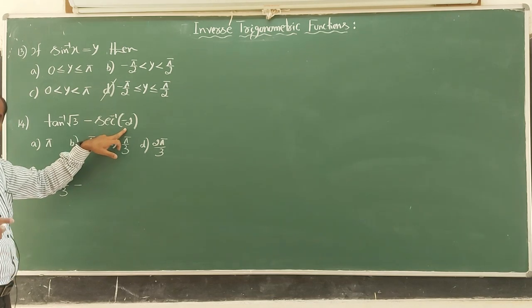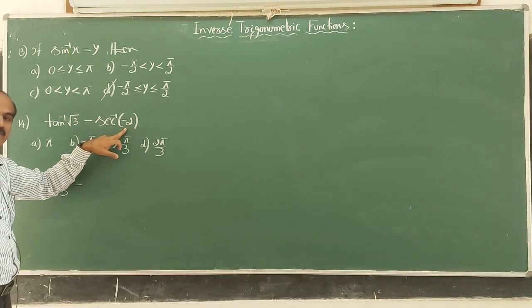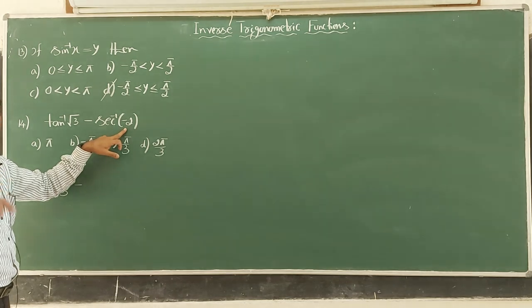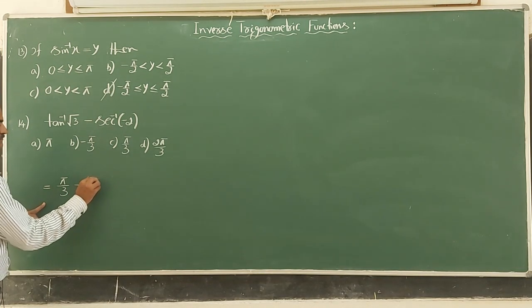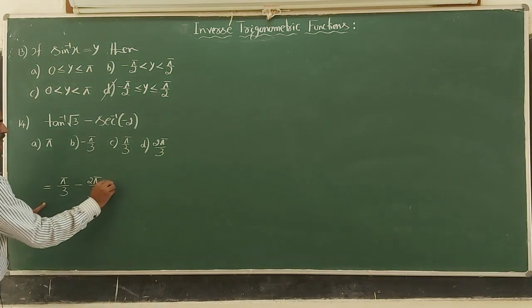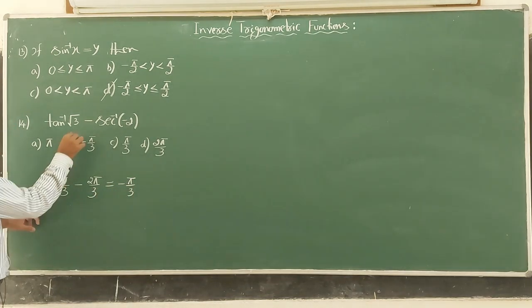Secant of pi by 3 is 2. Now secant of which angle gives us minus 2? Secant of pi minus pi by 3, that is minus secant pi by 3, will be equal to minus 2. So how much is pi minus pi by 3? 2 pi by 3. So difference of these two will give us minus pi by 3.